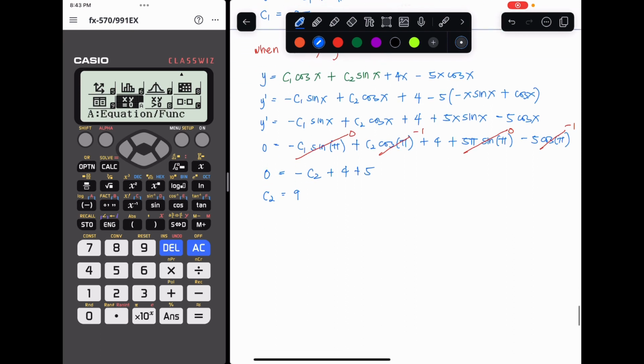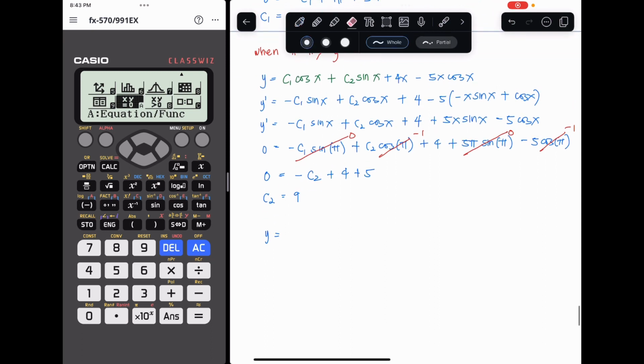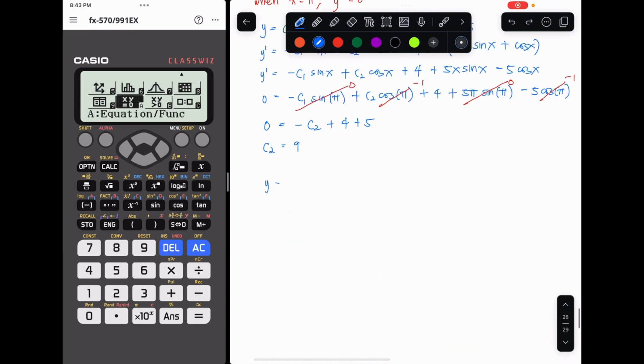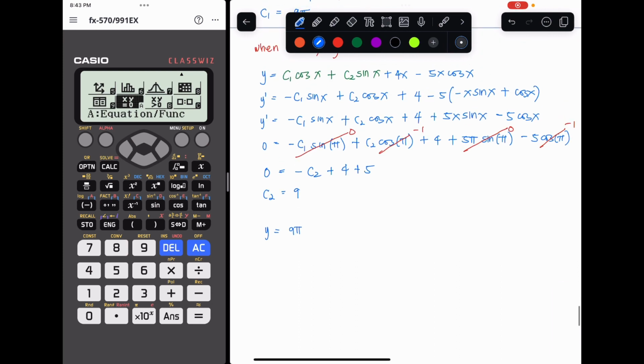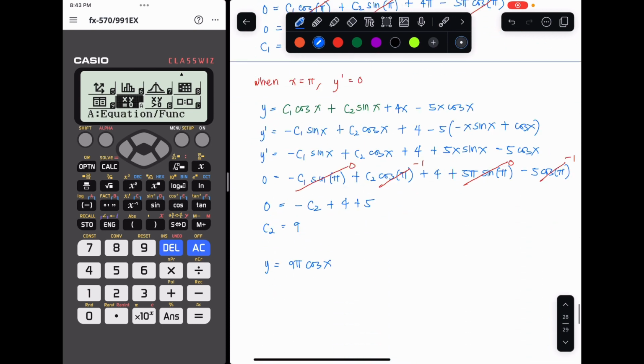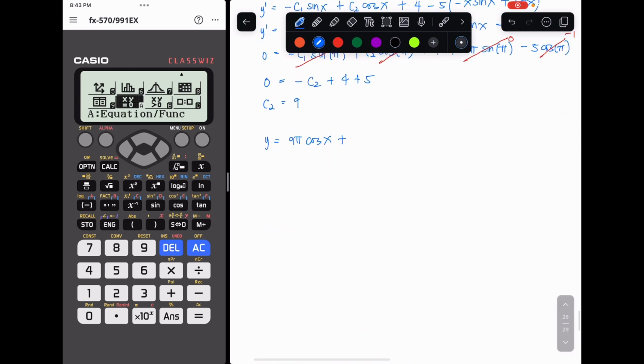So finally, we can now write our equation. C1 is 9 pi cosine x. C2 is 9, so plus 9 sine x.